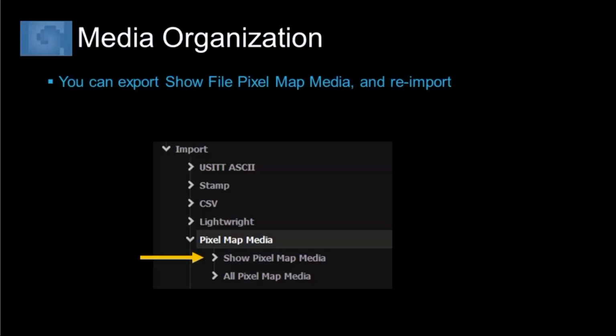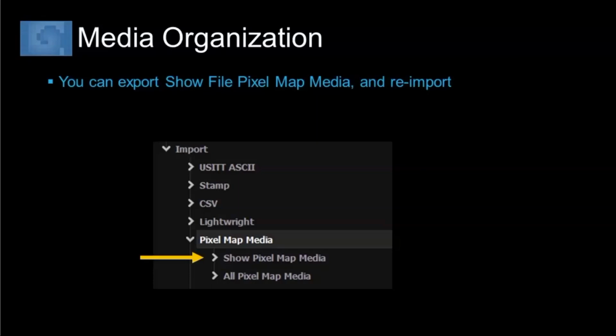What show pixel map media does is it will export just the files that you used. So it scans the show file, it sees what files are used in cues, in subs, in presets, and palettes, and any file that it sees that's used and stored in the show, it will save that in its folder and in its file slot.